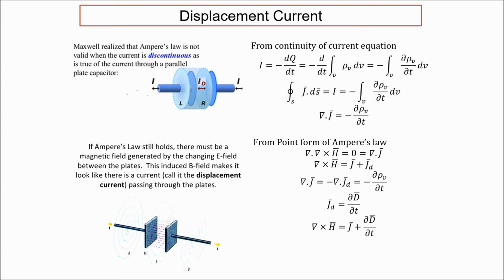Finally we come up with a modified Ampere's law, that is curl of H is equal to J plus J_D, where J is the conduction current density, and partial D over partial t is the rate of change of flux density, called the displacement current density.